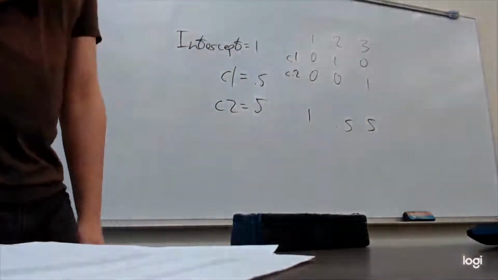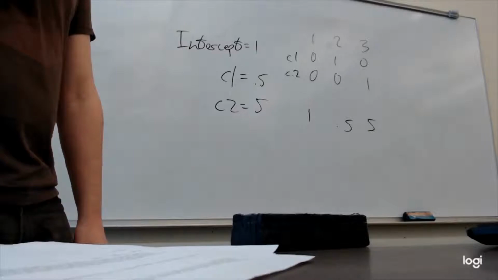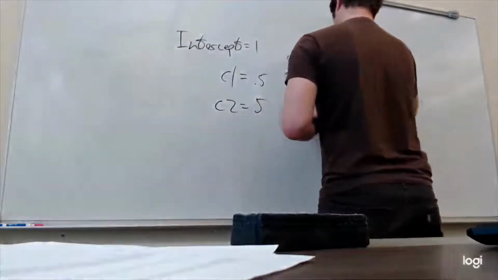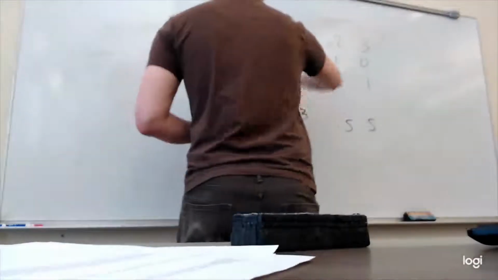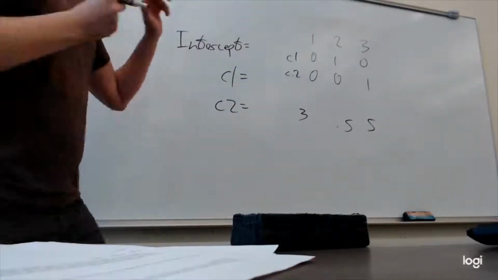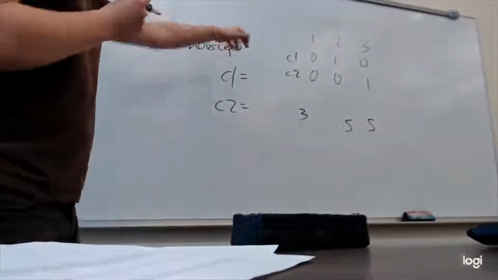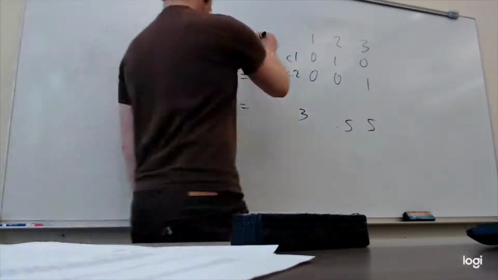Can we switch it up a little bit, like make group 1 equal 3 or something? Sure. So if group 1 is 3, what would be the intercept? 3.